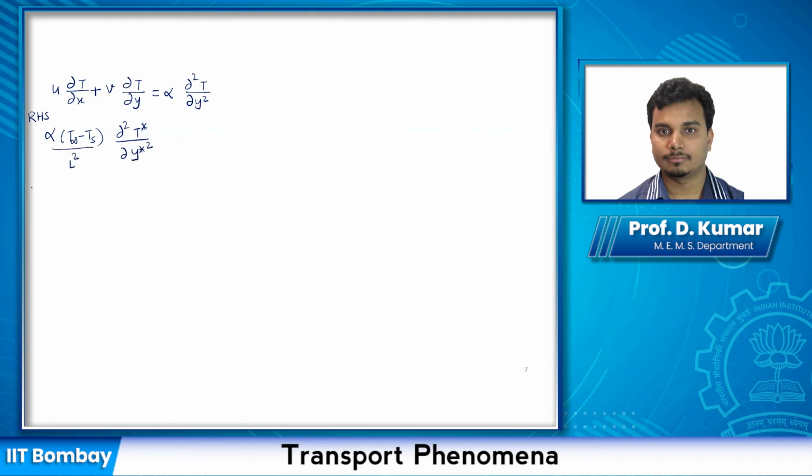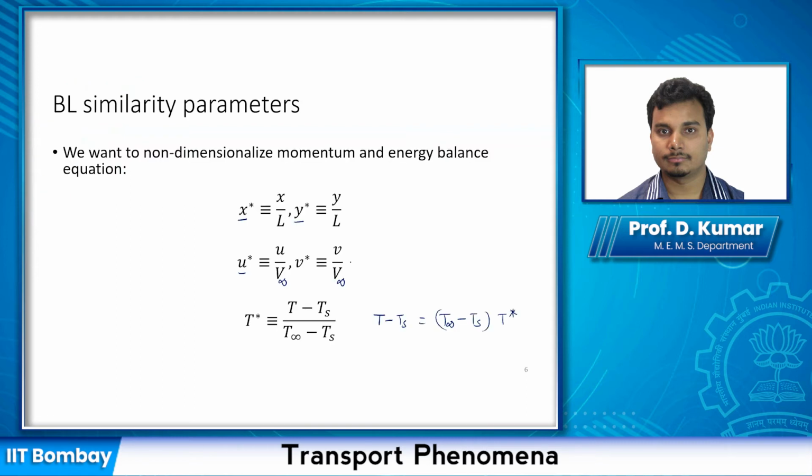Okay. Now let us look at the LHS. U will be V infinity U star, and V will be V infinity V star.